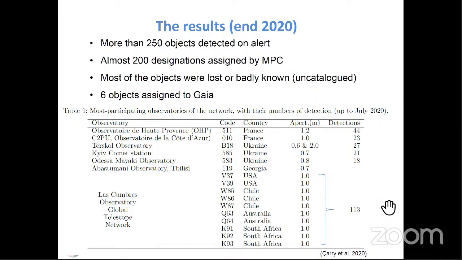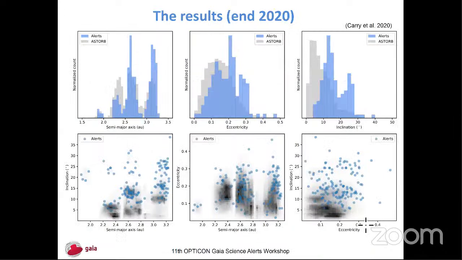But, well, we have this kind of number of detections by the colleagues from these observatories. And you see that the global network, Large-scale, is very efficient, because we got more than 100 asteroids. And William lost 2 minutes.